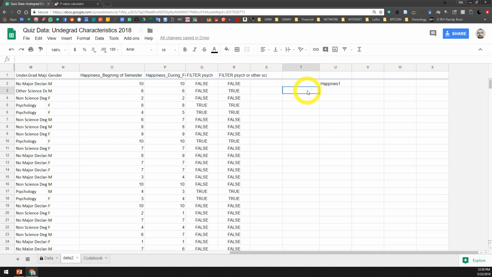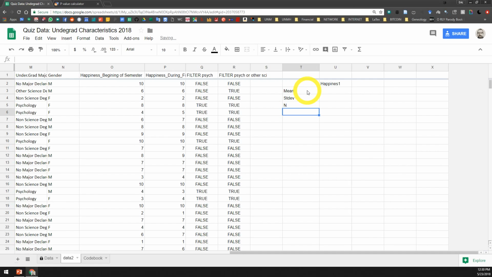And the things that we need to get, if we recall, are we're going to need to calculate the mean, the standard deviation, and the number of observations, or we'll just abbreviate this as n.